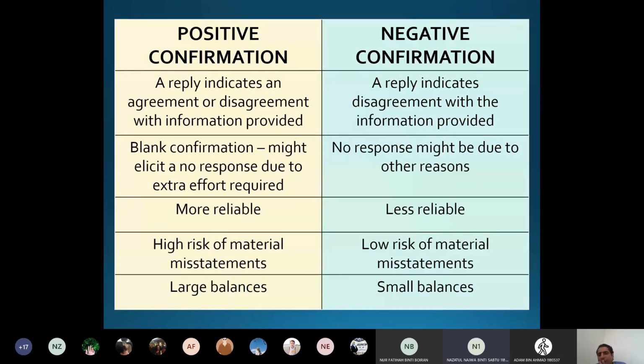So only if they disagree with the amount, then they will reply. If they agree, they will just ignore. Number 2. Positive: late confirmation might elicit no response due to extra effort required. Negative: no response might be due to other reasons.